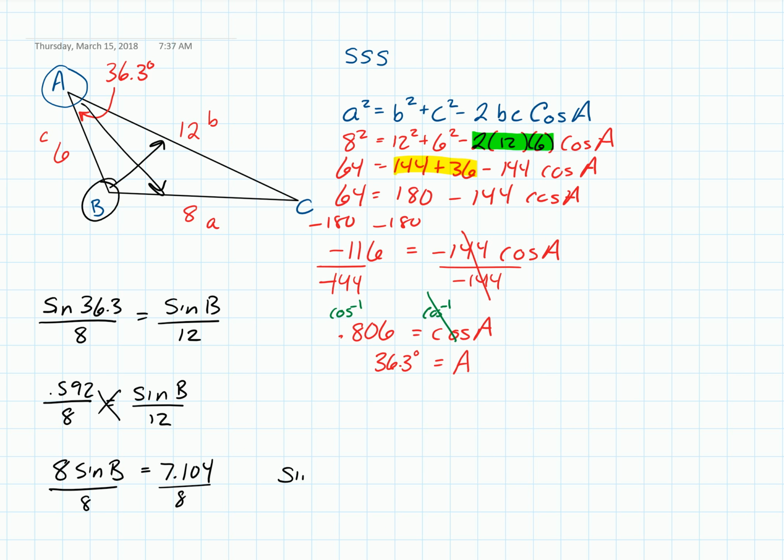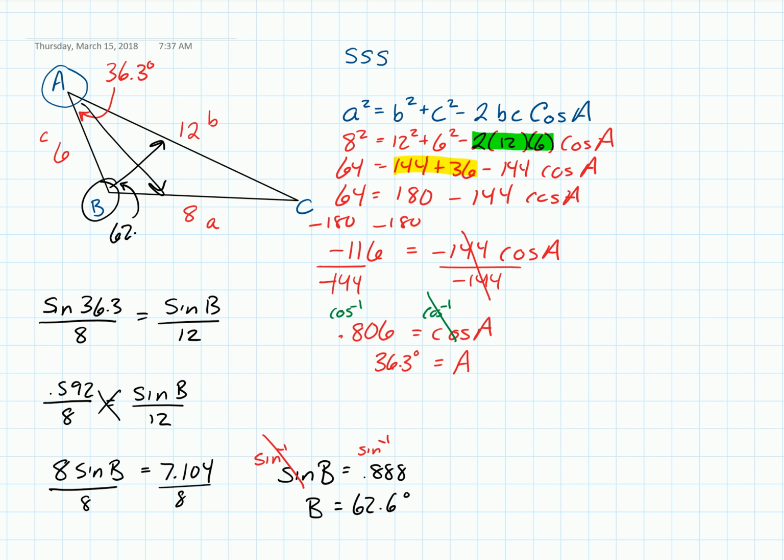So I've got the sine of B equals 7.104 divided by 8, which is 0.888. The last step here will be to take the inverse sine of both sides. And so I'm left with B is equal to the inverse sine of 0.888, which is, if we round, 62.6 degrees.